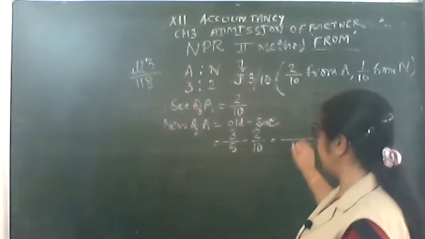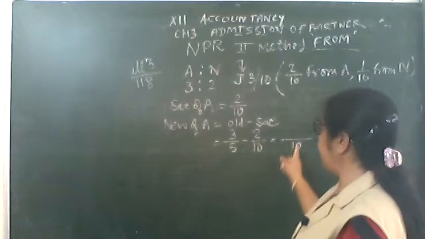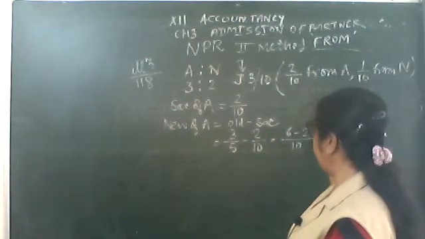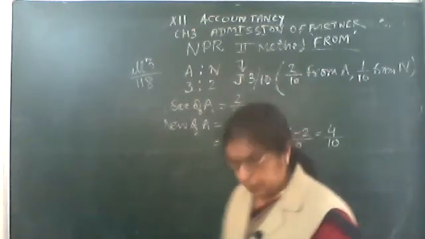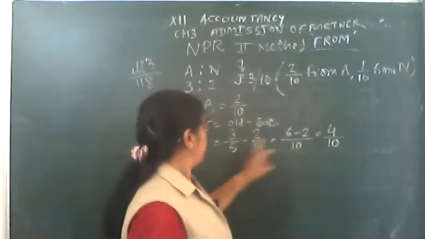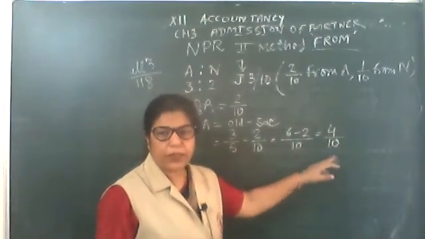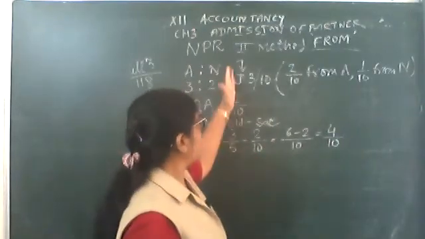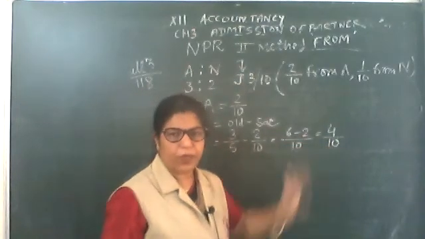Take the LCM, that will be 10. 5 2s are 10, 2 3s are 6, minus 2, that is 4 by 10. So we can say A's share is 4 by 10. Now after admitting J, the new share of A will be 4 by 10.